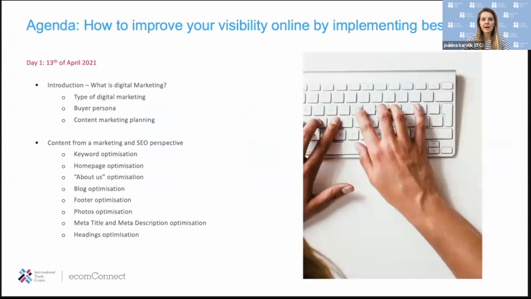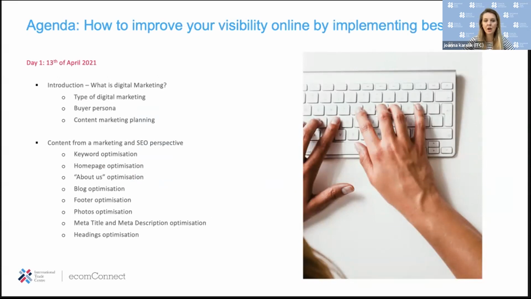So let's have a quick look at the agenda today. We will start with an introduction about digital marketing. We will see what the types of digital marketing are. We'll talk buyer persona, then content marketing planning. Then we'll continue with the content from a marketing and SEO perspective.